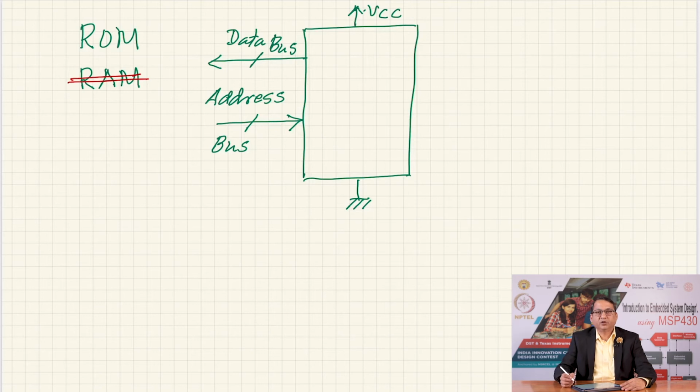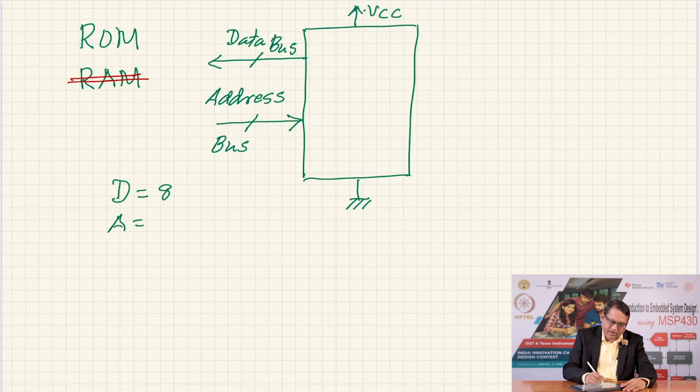The number of bits on the address bus would indicate what is the capacity of this ROM device, meaning how many locations there are. The number of bits on the data bus will indicate that for each location how many bits are simultaneously being stored. As an example, I could have data bus D equal to 8 and A is equal to say 12.